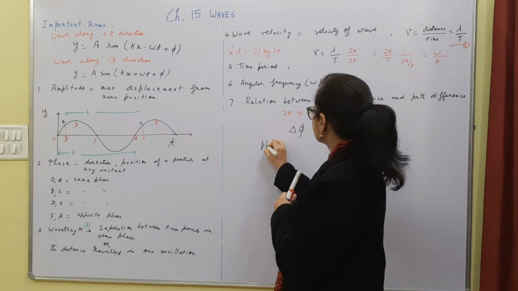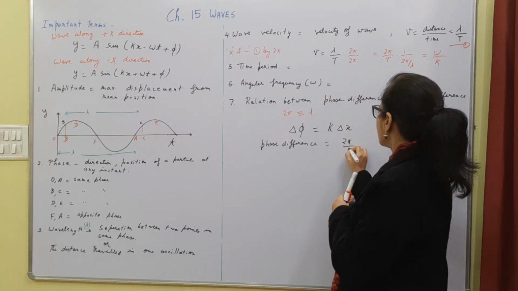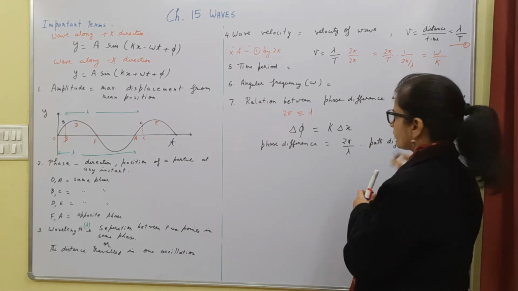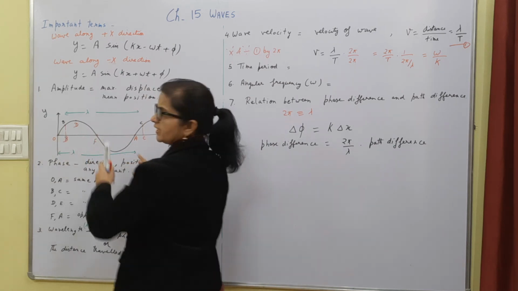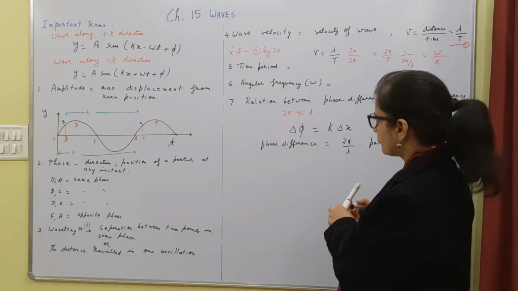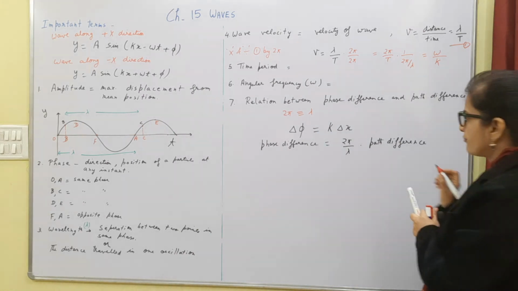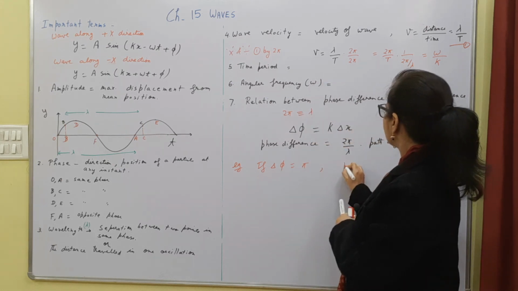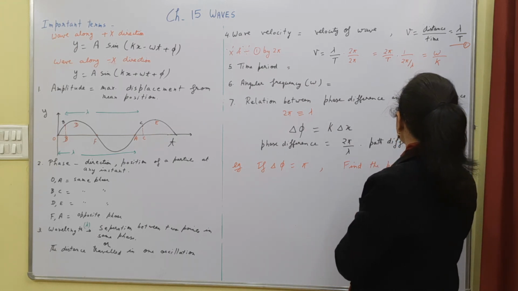So this is phase difference is equal to, what is this? 2 pi by lambda into path difference, right? So suppose this has a path over here and this has a path up to here. So this difference will give me the path difference. So that will be in terms of lambda only. So phase difference is equal to 2 pi by lambda path difference. So if I want to find out the path difference for pi phase difference, for example, if delta phi is equal to pi, find the path difference, right?